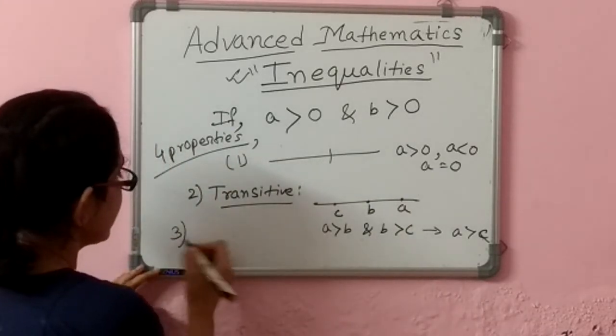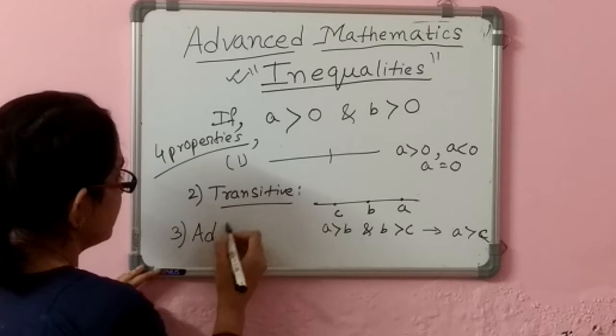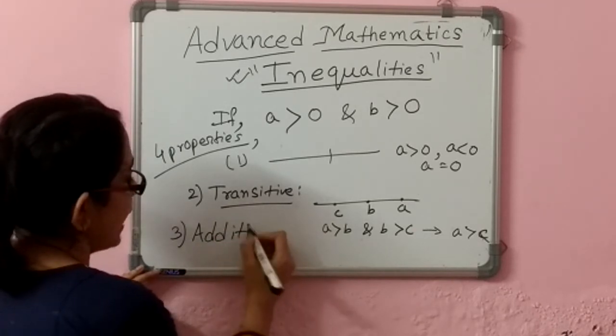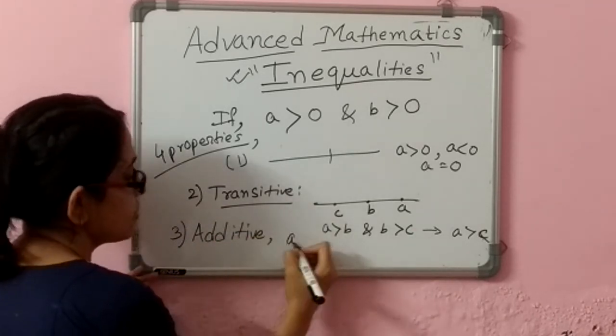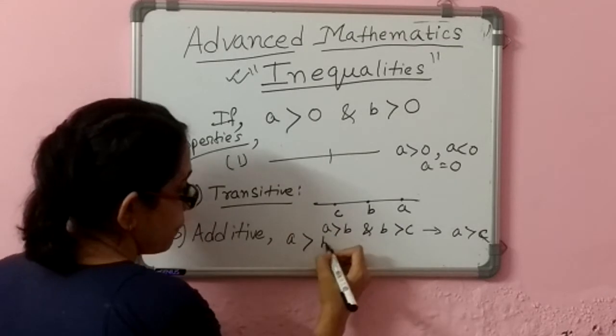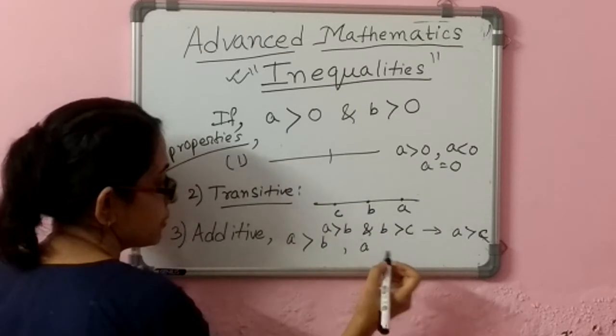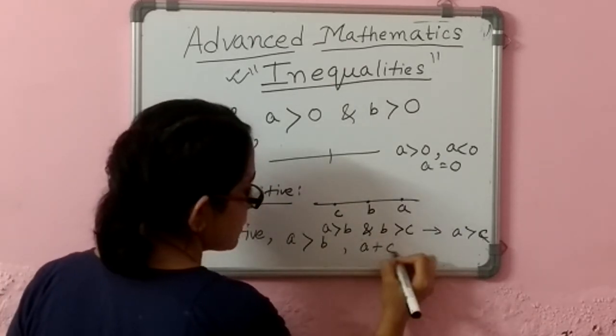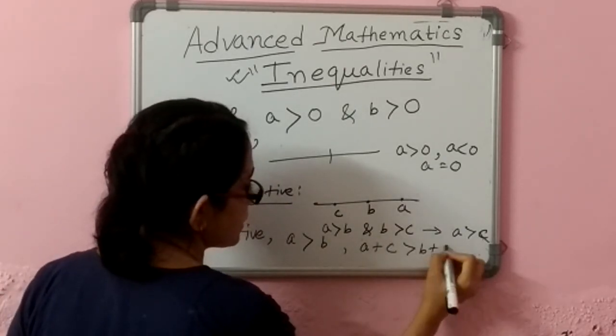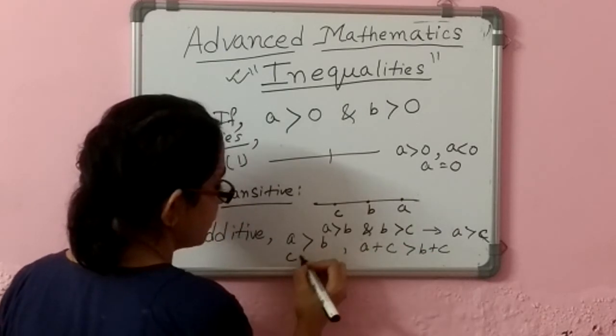The third property and the fourth property I have explained already. That is the additive one. Additive is if A is greater than B, then always we can say that A plus C is greater than B plus C. Here C is also a natural number.